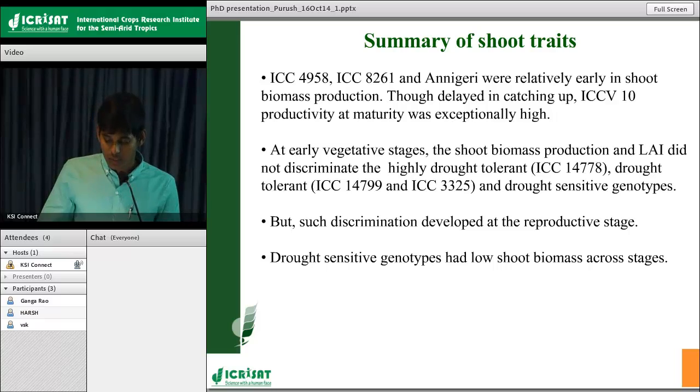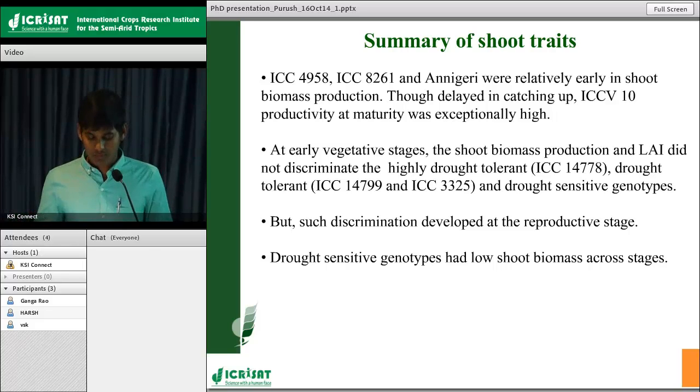At the early vegetative stage, shoot biomass production and LAI did not discriminate the highly drought tolerant lines and drought tolerant lines from the sensitive ones, but the highly tolerant lines and the best adapted varieties were able to pick up, and the highly drought tolerant lines and the drought tolerant lines were able to maintain their shoot biomass production at a higher level in the reproductive stage.